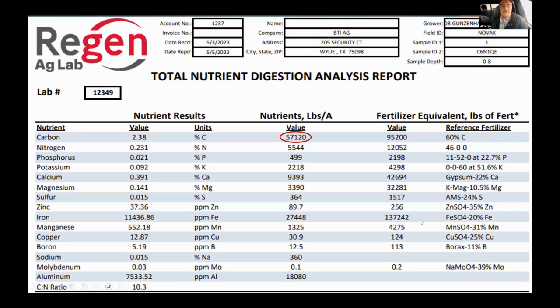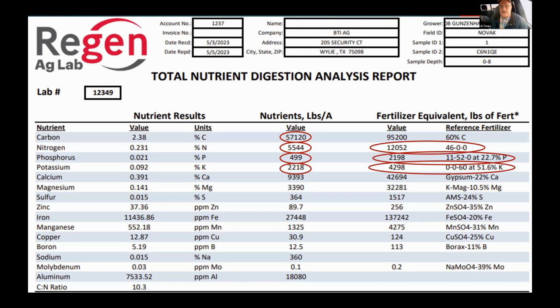Here you have 500 pounds of phosphorus and 2,100 pounds of P2O5. In this case, over a ton, and this is a 0 to 8 inch sample, of K, which is over 2 tons of potash.